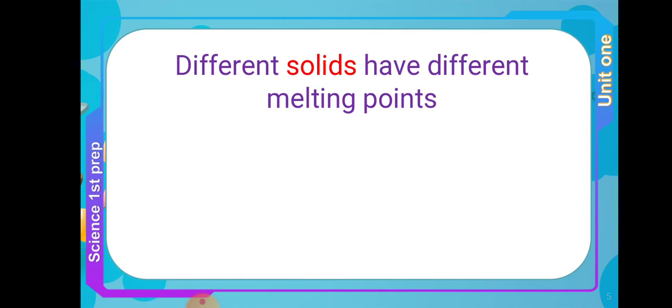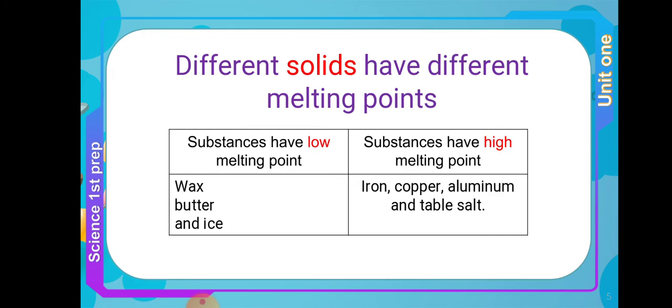Different substances have different melting points. So substances are divided into substances that have a low melting point and substances that have a high melting point.